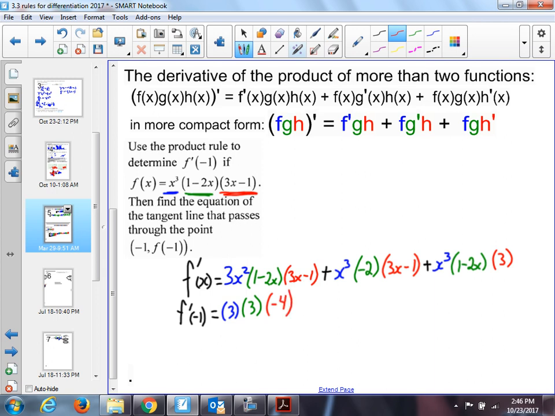Just plugging in negative 1 everywhere. Then I'm going to put it as plus, and then negative 1. The negative 2 can't change. It's a constant.